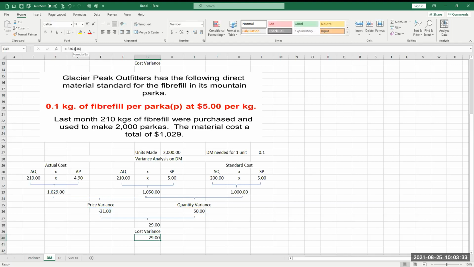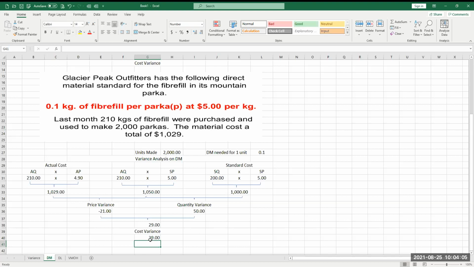But I need it to be positive. So how can I get it positive? 21 minus 50. Try this one. There we go.